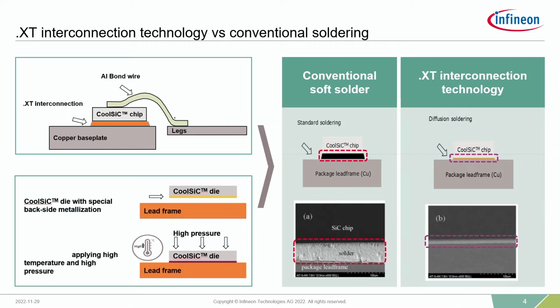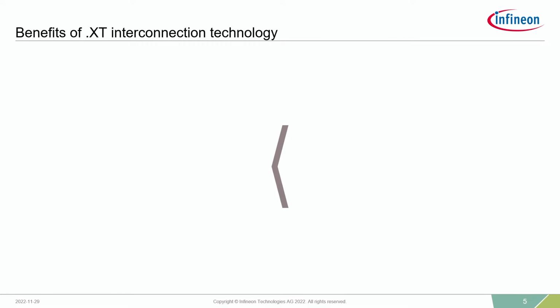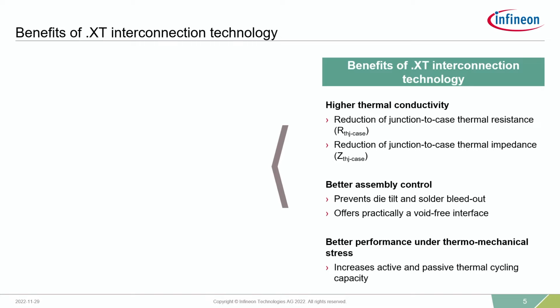With the help of diffusion solder, that is nothing but the .XT technology, we can reduce the solder thickness, which results in a reduction of Rth, the thermal resistance. As you can see here on the right-hand side, the solder is reduced almost 3 to 4 times in the .XT technology. Let's see in more depth what benefits this reduction gives. Due to the use of intermetallic, we can achieve higher thermal conductivity.